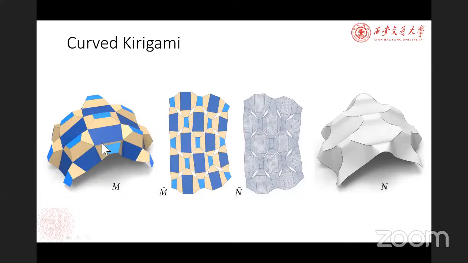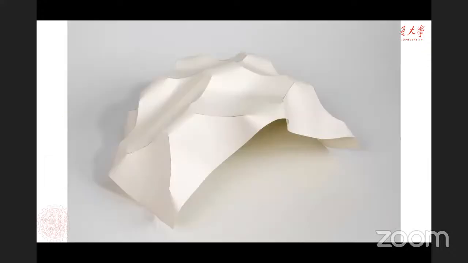Then we can subdivide the 2D pattern and also the 3D shape. And the subdivision could be a very good initialization. And then the further optimization with isometry constraint could help us find the curved Carigami design with very high accuracy. So here is the real model for a curved Carigami design.